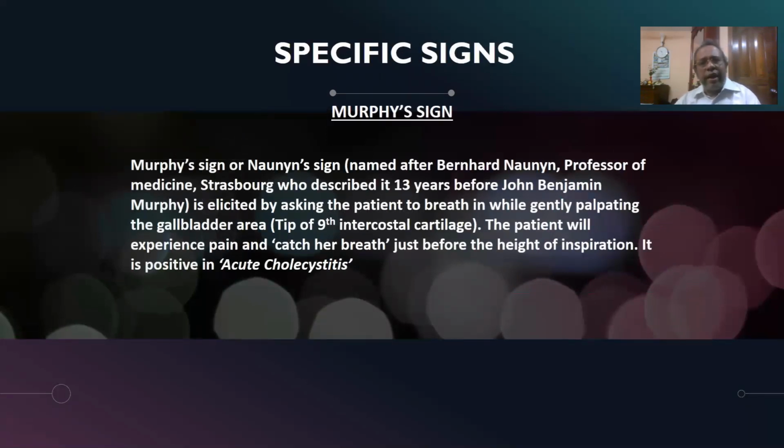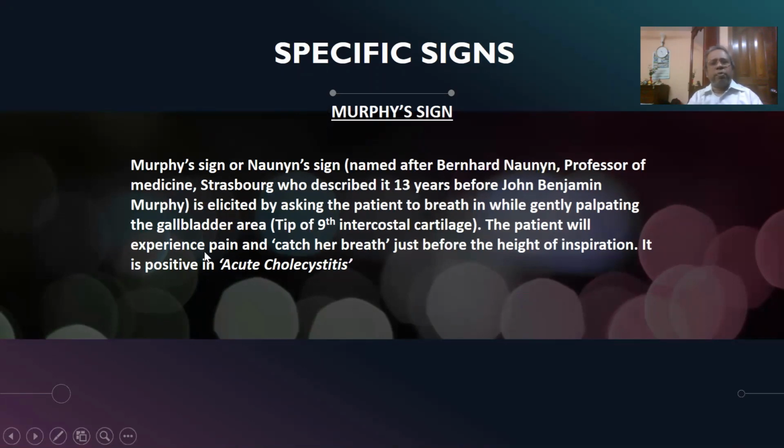What about the Murphy's sign or Naunyn's sign? The Naunyn sign is named after Bernhard Naunyn, professor of medicine, Strasbourg, who described it 13 years before John Benjamin Murphy discovered it. It is elicited by asking the patient to breathe in while gently palpating the gallbladder area, the tip of the ninth costal cartilage.